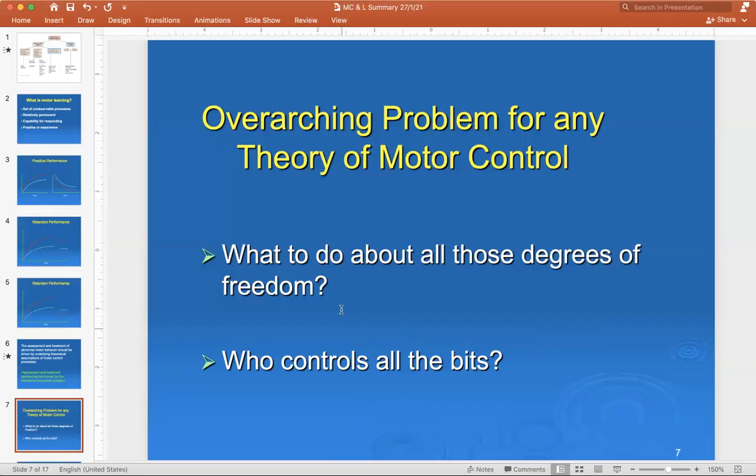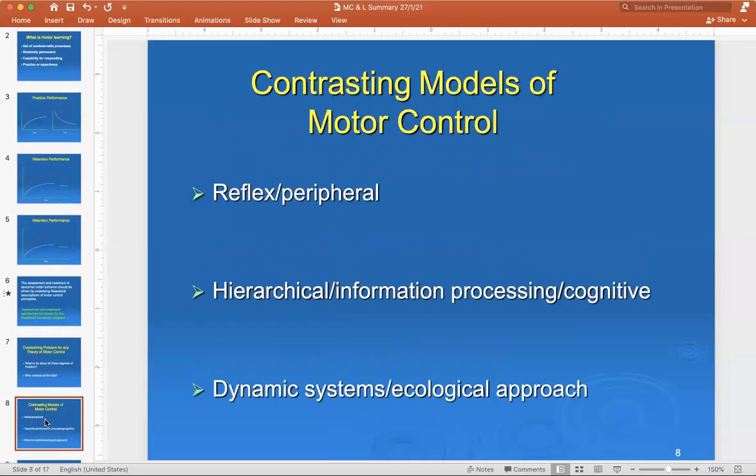How does the nervous system, or what is it in the nervous system that decides how to move your hand to pick up something? So that's a major issue for any theory of motor control. And so then we started looking at attempts at solving that degrees of freedom problem.